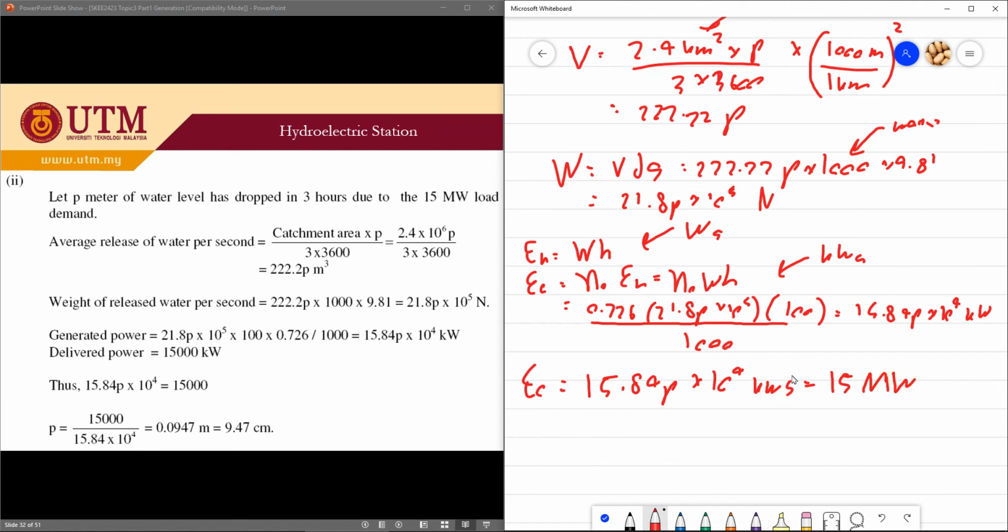Because this is energy, you can either use second or hour, but for this case you just use second. Either way is the same for this case.